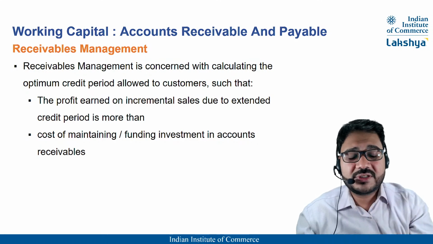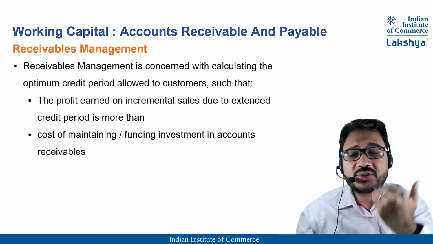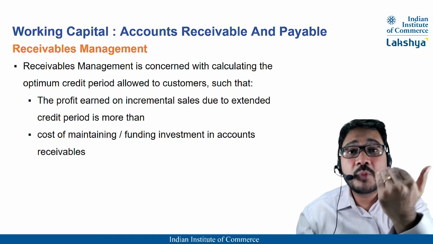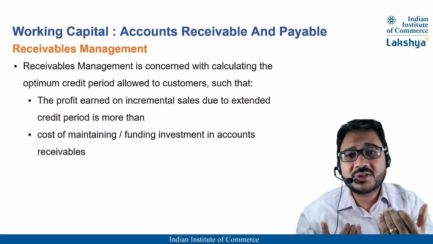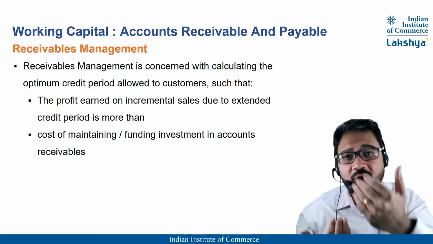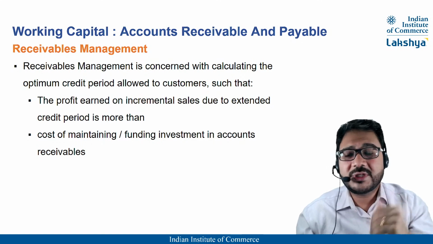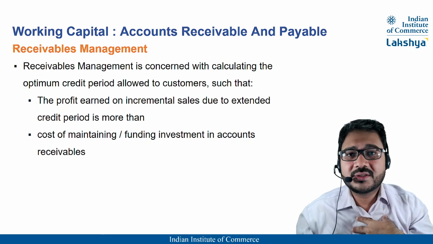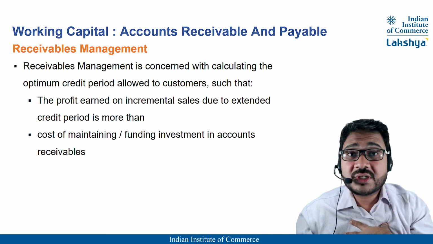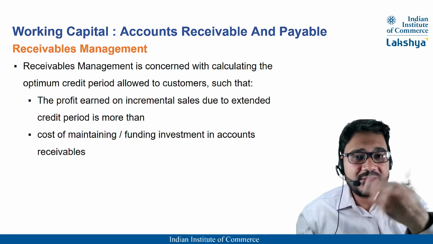The interest for 1 month is less than the interest for 2 months, so the cost of funding 2 months will become more. You will see whether it is still beneficial or whether the costs are taking over the benefits. Then you will say, sorry, 2 months is not possible, I can do 1 month because that is more beneficial for me. For 2 months my costs are more, so it doesn't make sense for that incremental sales.